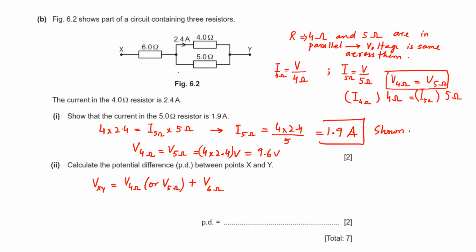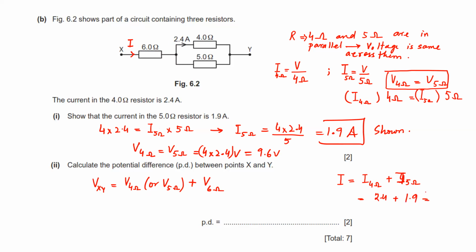This one plus the current I that is flowing across this. So first of all, I have to calculate the current I. The current I will be equal to I in the 4 ohm resistance plus I in the 5 ohm resistance. I in the 4 ohm resistance is 2.4 plus I in the 5 ohm resistance is 1.9.